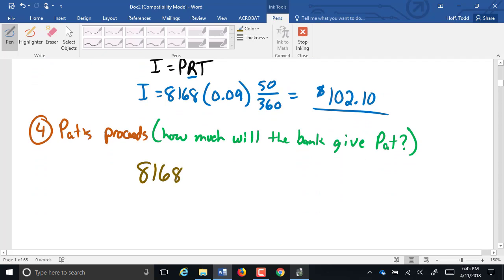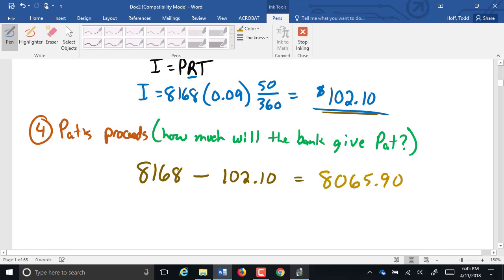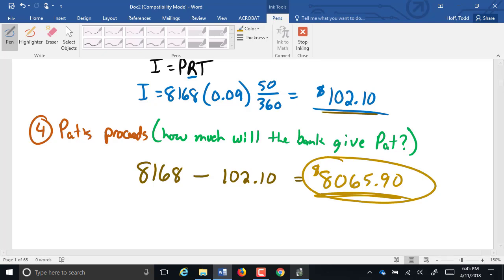That's the maturity value of that original note that Pat made to Sam. They're going to subtract their discount of $102.10. So that means the bank is going to turn around and give Pat $8,065.90. That's how much Pat gets. So Pat still gets a little bit of interest on the $8,000, but of course loses a large share of it because Pat had to discount that to the bank.